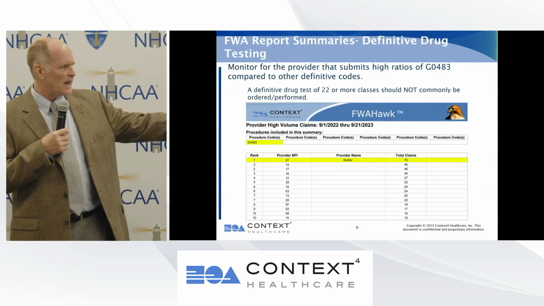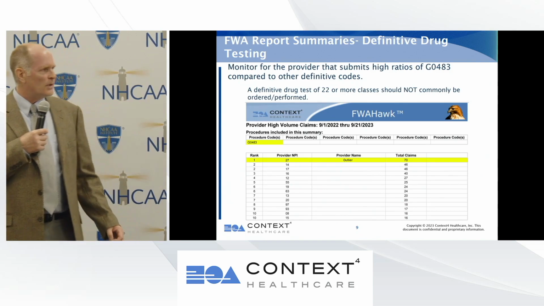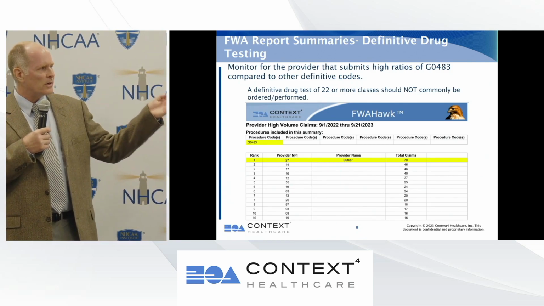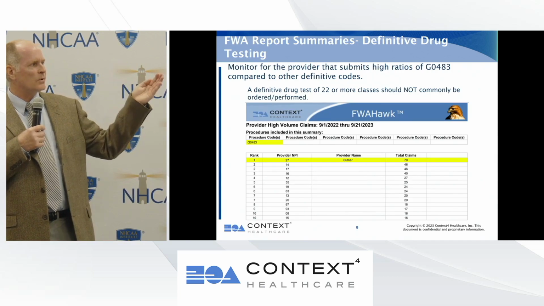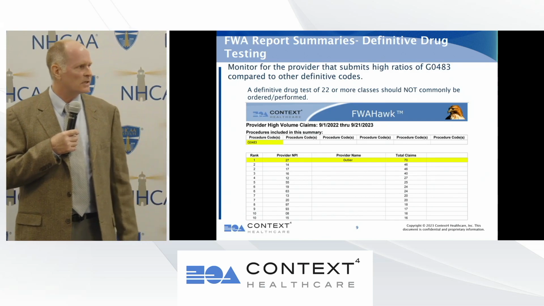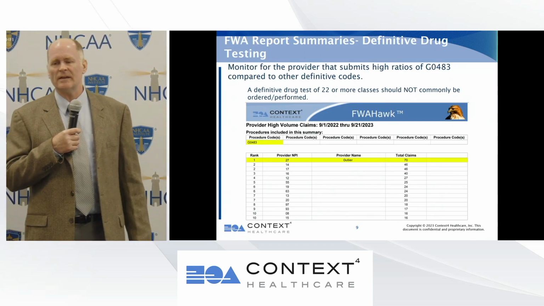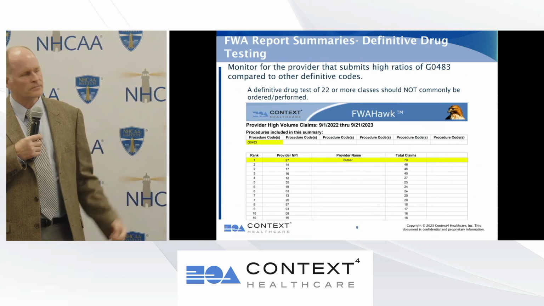We've wiped out the provider names and truncated the MPIs to just 2 digits. But on this first report, in this sample, we found that the number 1 submitter of this highest level definitive drug testing code was provider number 27. They performed 70 of these over the course of a year.